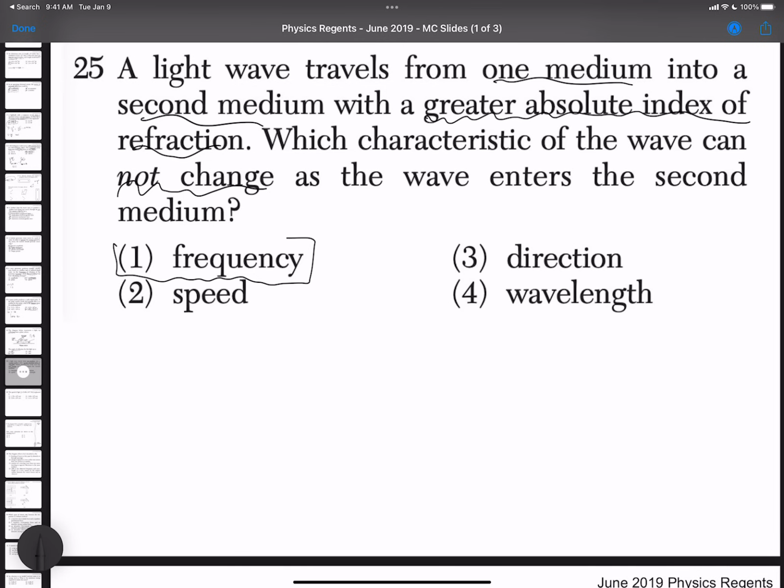The frequency remains the same when a light wave travels from one medium to another. It's like its signature. It's what makes the light that it is, even though these other three things are able to change. The frequency must remain the same. Kind of like if you were shaking someone's hand, your two hands must be going up and down at the same frequency. Otherwise, you would not be shaking hands.